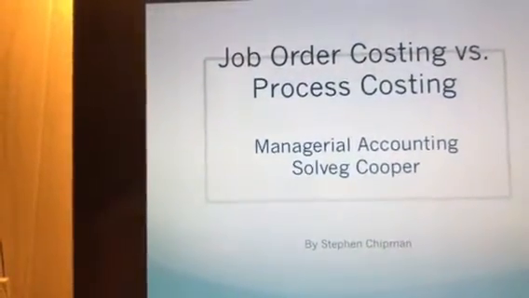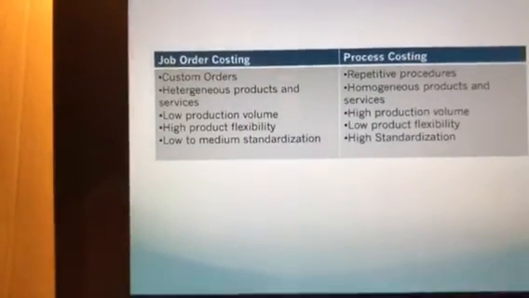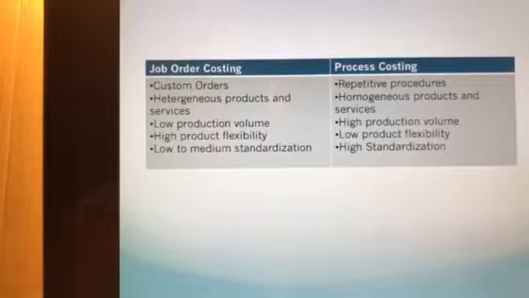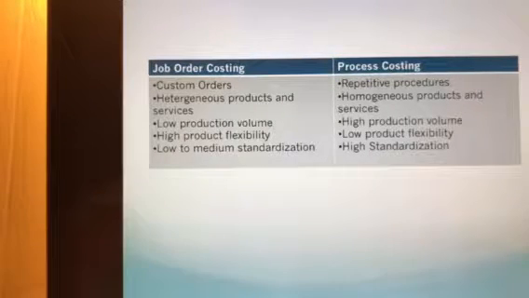So we do this. All right, so basically the key difference in job order costing and process costing is really in the custom orders versus the non-custom orders. For job order production, many companies produce products individually designed to meet the needs of a specific customer.